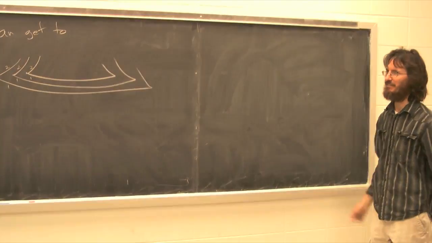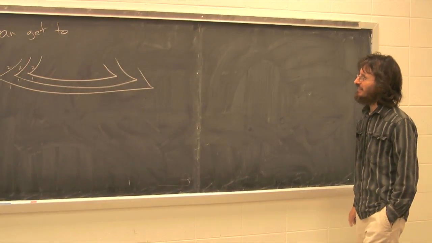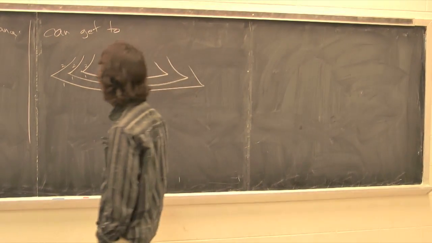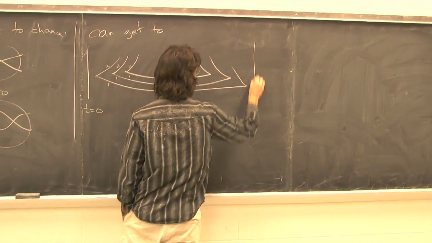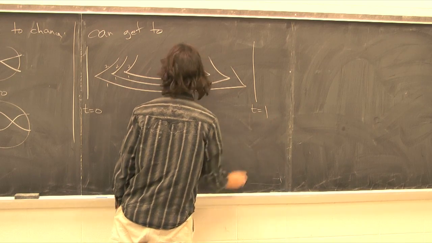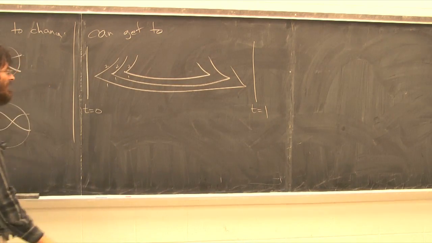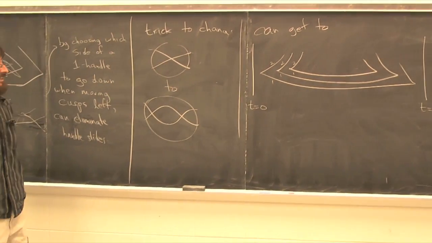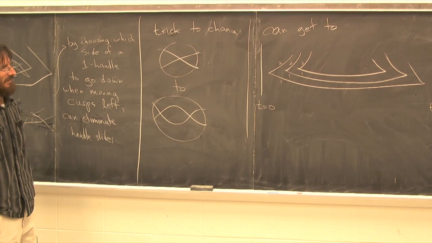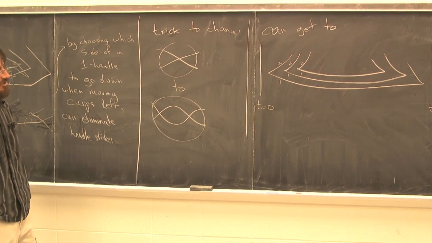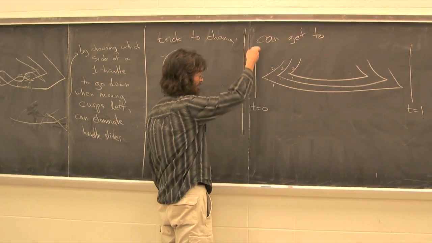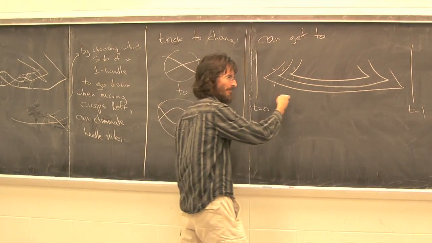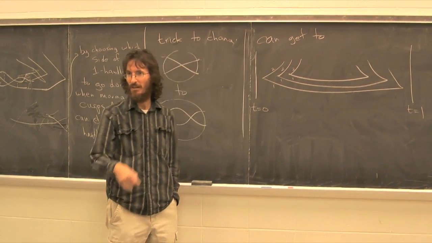And then all kinds of stuff is happening with the 2 handles, we don't care. And now here we are at t equals 0, here we are at t equals 1. I'm not going to worry about the other critical points. Now I'm ready to change the 4-manifold in the following way. Remember, it's all the same 4-manifold all the way across at the moment, right?